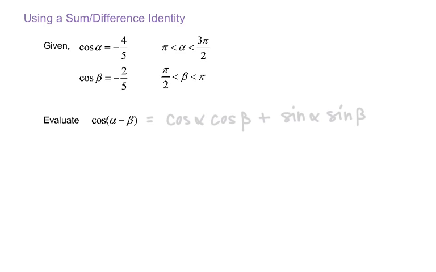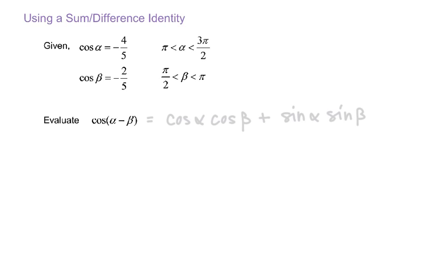If this had been cosine of alpha plus beta, the identity would look the same, but with a minus sign between the two terms. So for each of cosine, sine, and tangent, we have a sum and a difference identity, and the sign, when we expand it, can vary.